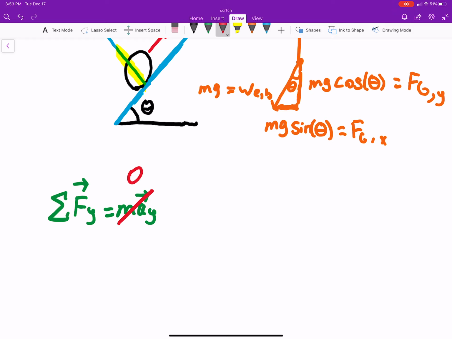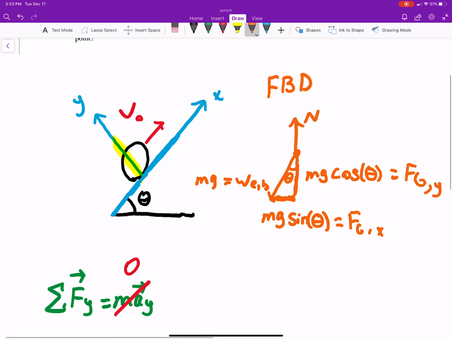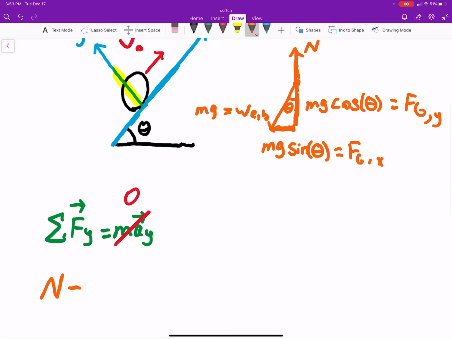Now, there are forces in the y direction. We have the normal force minus mg cosine theta.